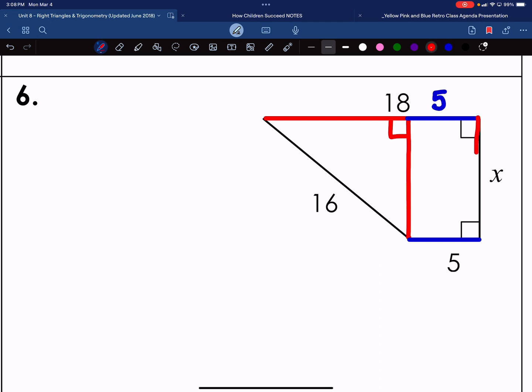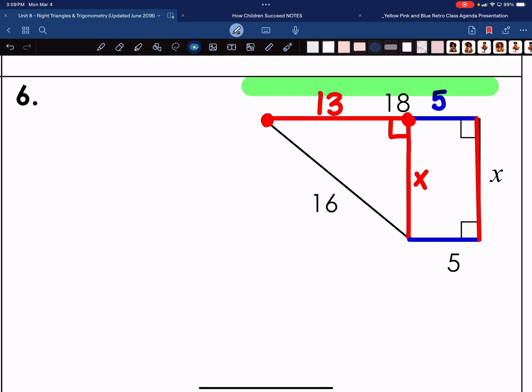And we said the height was x over here, so over here the height is also still going to be x. At the top, they tell you the entire length, all the way across, is 18. If part of that is 5, how far is it from here to here? 13. So we're going to use that piece as part of the right triangle.